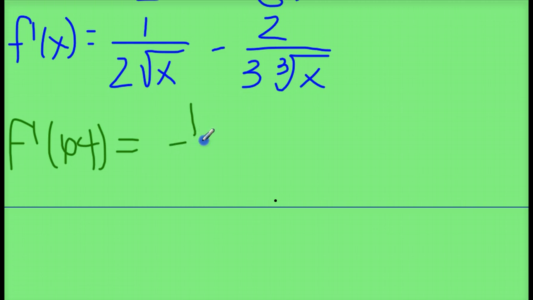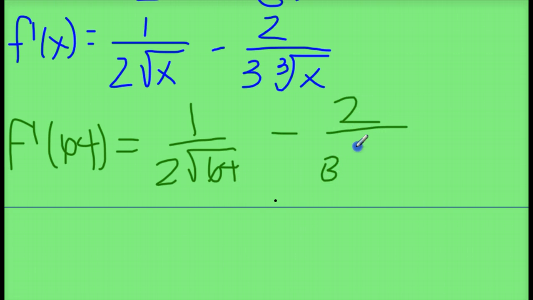So I'm going to plug in 64 every time I have an x, minus 2 over 3 cube root of 64. So if I solve this, the square root of 64 is 8.